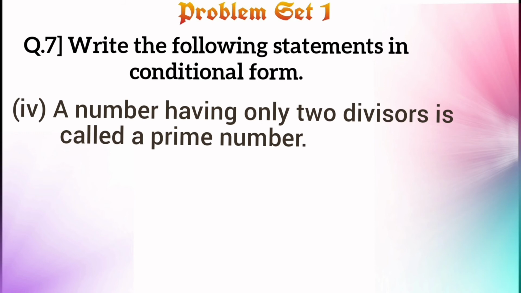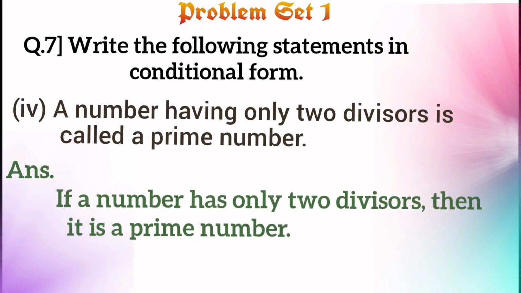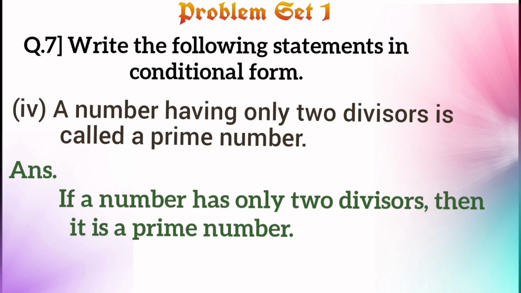Fourth one, a number having only 2 divisors is called a prime number. So the answer for this, if a number has only 2 divisors, then it is a prime number. So for writing any statement into conditional form, you have to use if and then in the sentence, and you have to make a sentence in such a way that it should sound or look sensible.